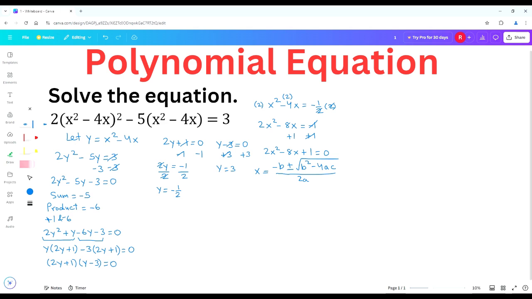In this equation, a is equal to 2, the coefficient of the x squared term, b is equal to -8, the coefficient of the x term, and c is equal to 1. Now we can sub in the values of a, b, and c to find the value of x.